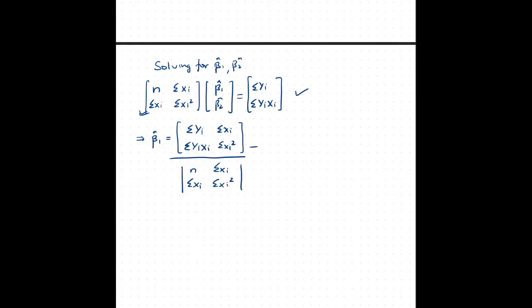So the value of beta 1 hat will be equal to summation yi summation xi square minus summation xi summation yi xi, upon n summation xi square minus summation xi whole square. So this is the value of beta 1 hat.